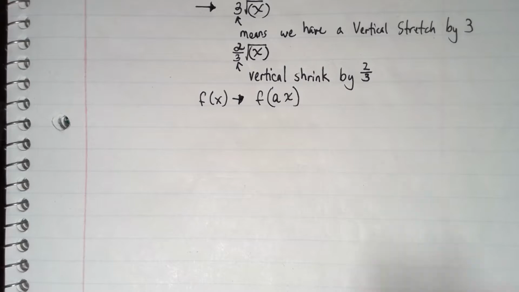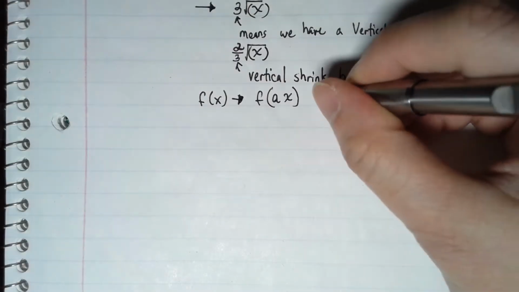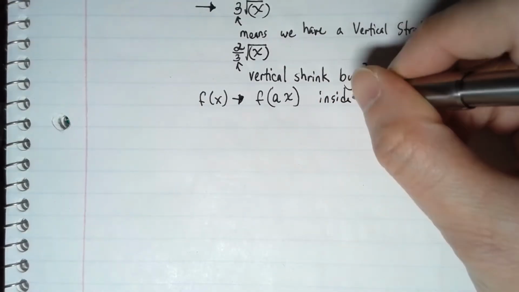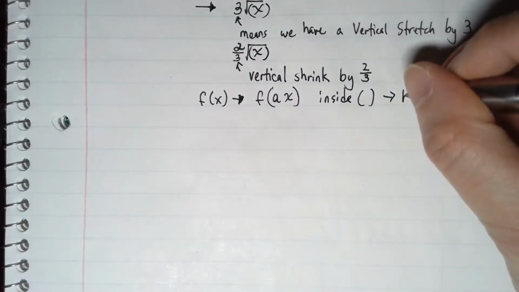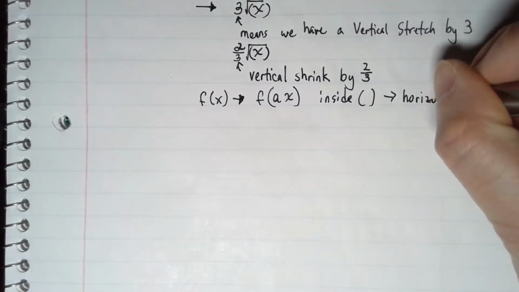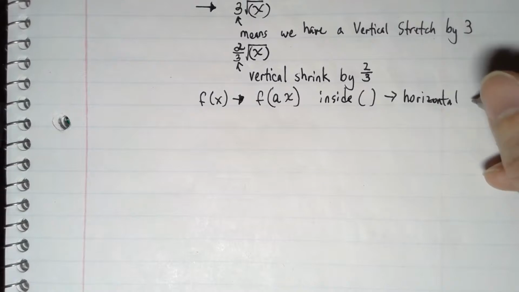As you can see, the a is multiplied to x. It is multiplied inside the parentheses. So if you're inside the parentheses, we know once again it's a horizontal change.